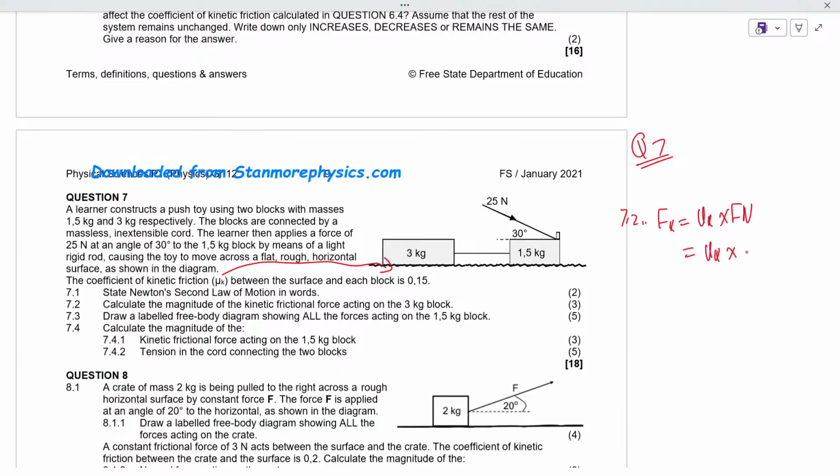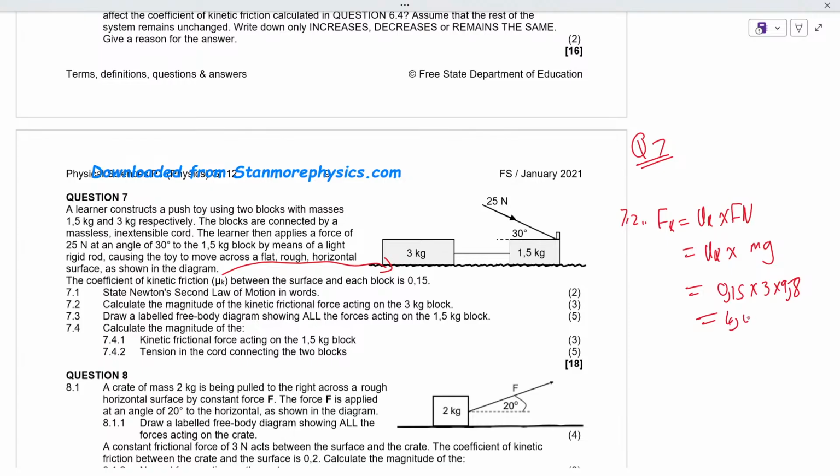What is our Fn equivalent to? mg, the weight. So our mu k will be 0.15 multiplied by the mass, the 3 kg, multiplied by 9.8. How much do you get? I got 4.41 N.